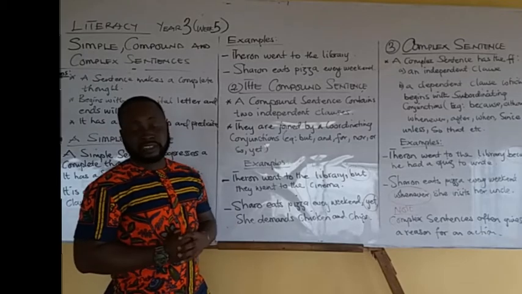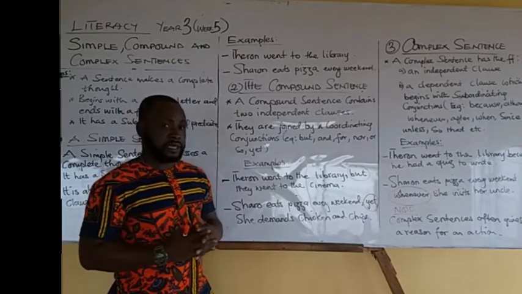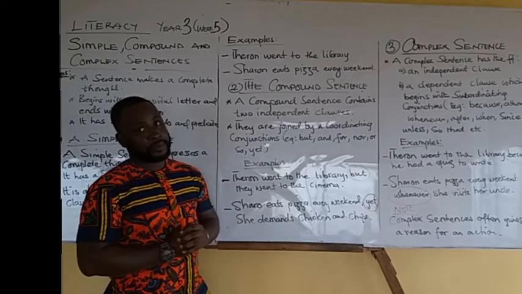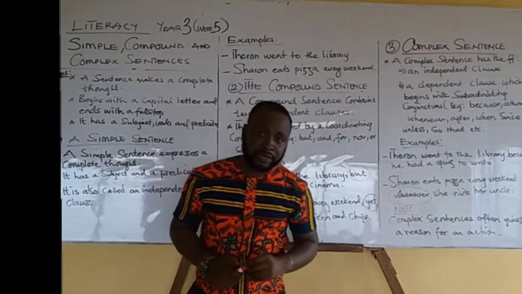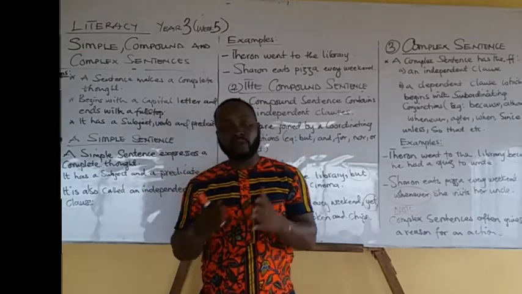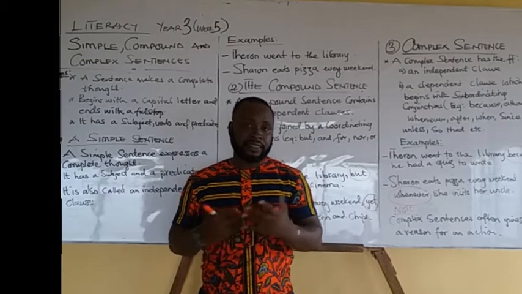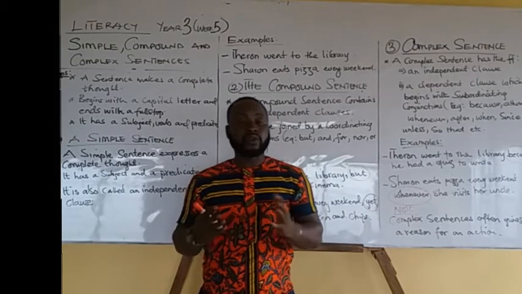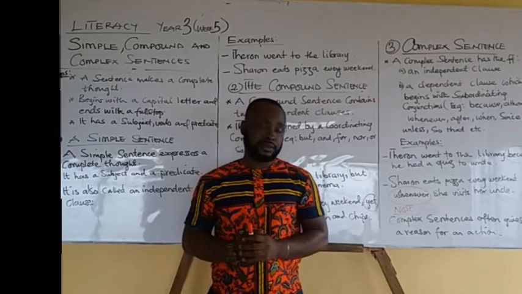And we know that conjunctions are joining words. They join two words or sentences together. And so to get a compound sentence, you must first of all look out for independent clauses, two of that. Then you look out for the coordinating conjunctions. Good.